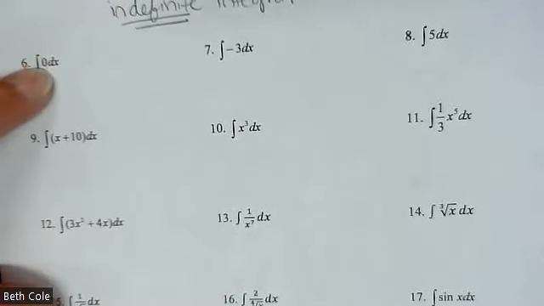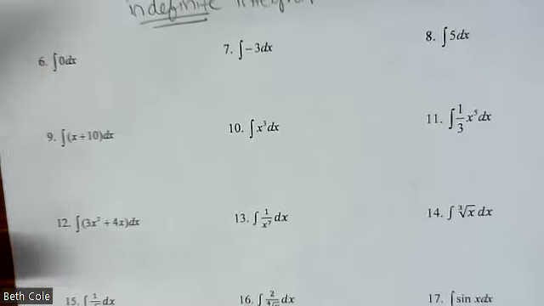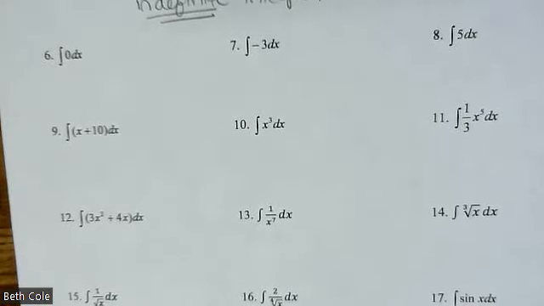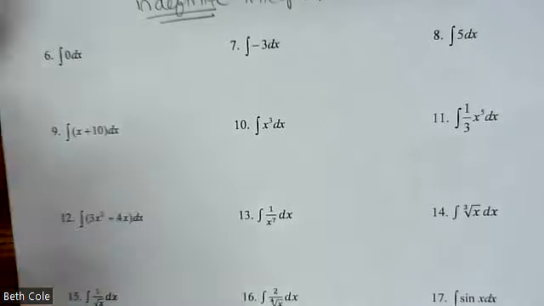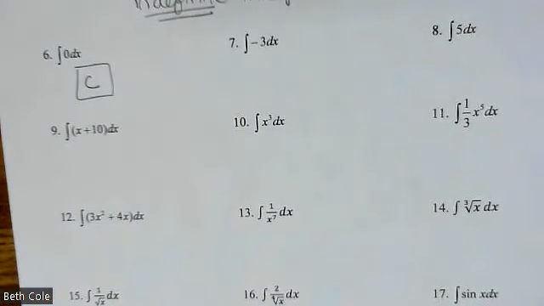Let's look at the first one. You need to come up with a function that if you did the derivative, you would get 0. So like 3 or 30 or 49 million. So just C. Any constant, if you do the derivative, you're going to get 0. So look at the next one.